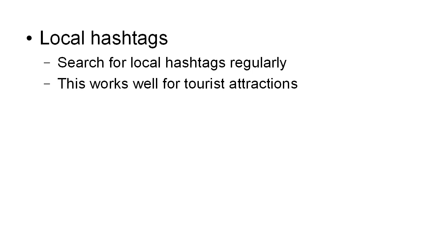So if you have a local audience, if you cater to a local fan base, or you have a local customer base, then making sure that you tie yourself into some of these local hashtags can be very good for you, because it can get people who are looking in a particular area to find your business.